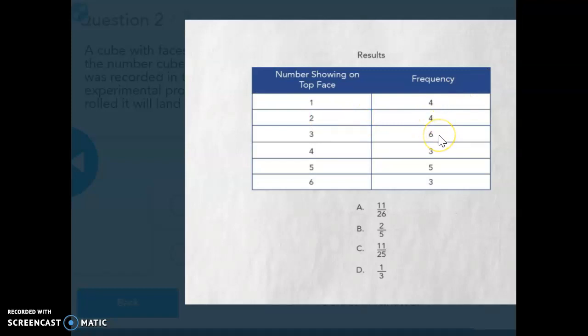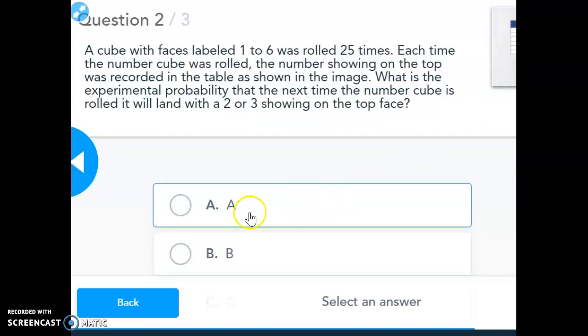Those are my yeses because I added 4 and 6, so that's 10. Total is 25. 10 out of 25 simplified is 2/5. So it would be B.